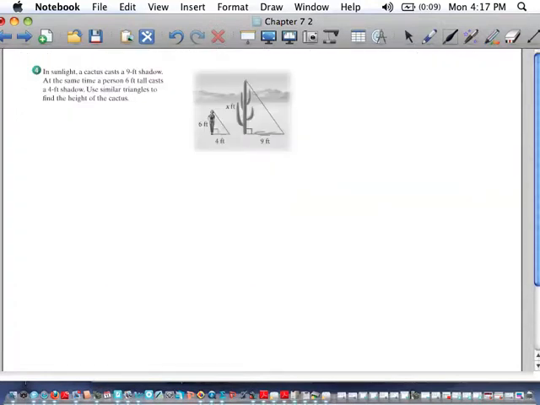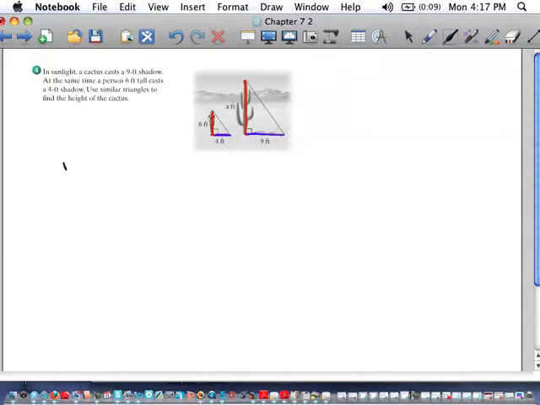It says, in sunlight, a cactus casts a shadow that is 9 feet. So there's the cactus's shadow. At the same time, a person 6 feet tall casts a 4-foot shadow. So we know she is 6 feet, and we want to know the height of the cactus.